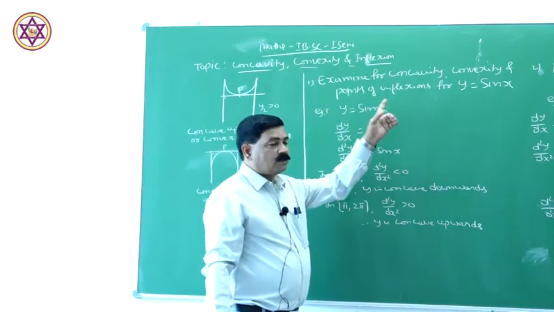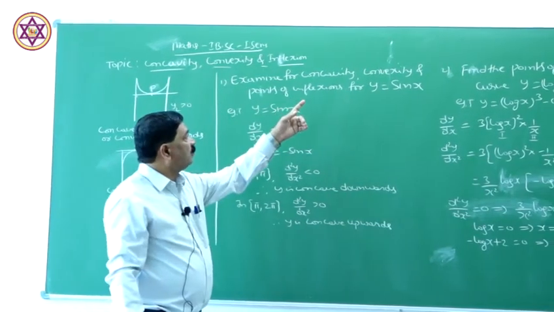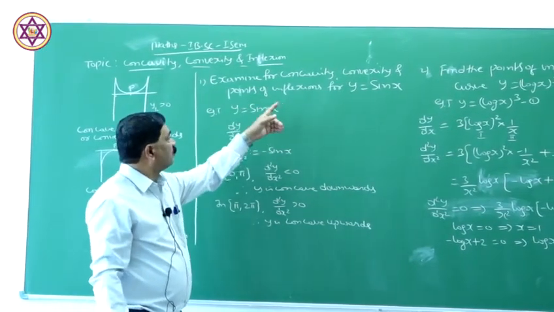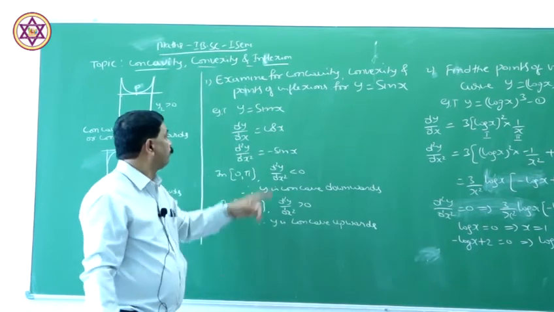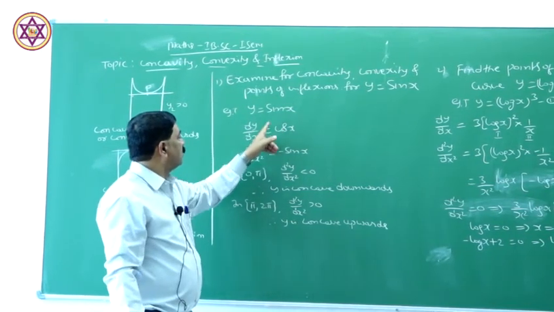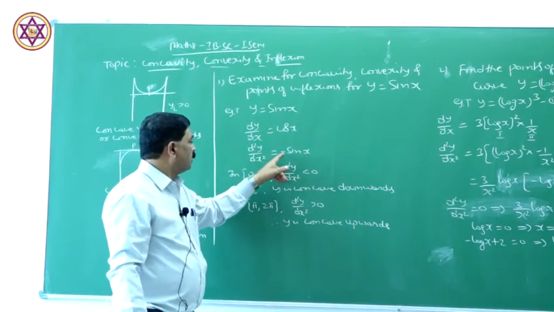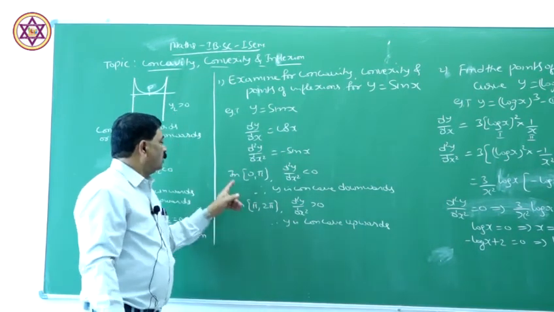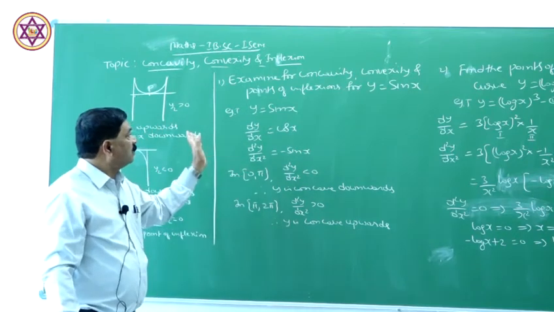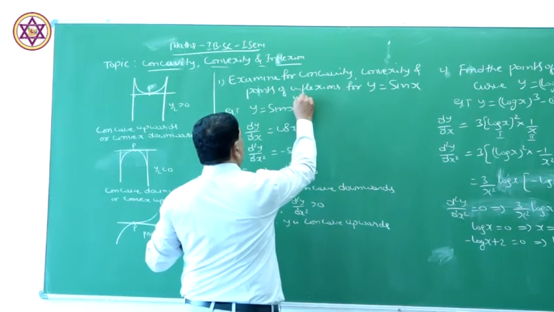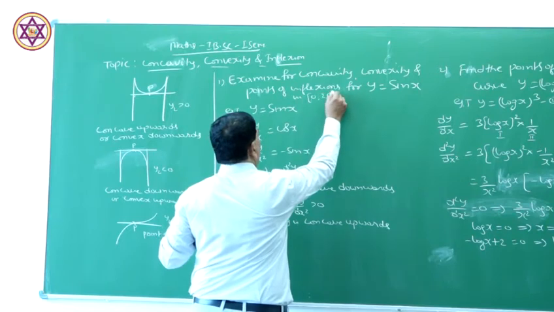Now let us go to the problem section. Examine for concavity, convexity and point of inflection for y is equal to sin x. Differentiating sin x, the derivative is cos x, and d squared y by dx squared is minus sin x. The question is in the interval 0 to 2 pi.